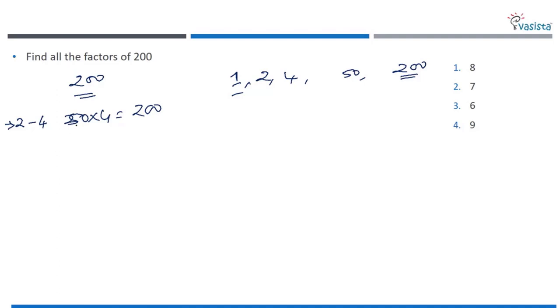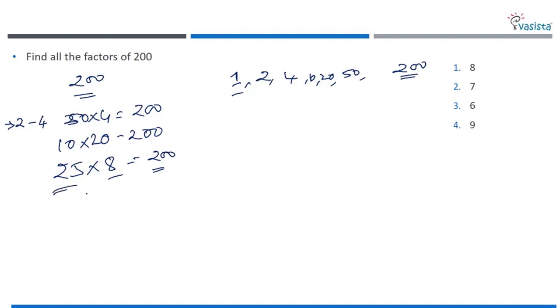Then what happens? 10. Yes, 10 into 20 is 200. So you can take 10 and 20. Then 25 eights are 200. Again 8 as well as 25 is also a factor of 200.